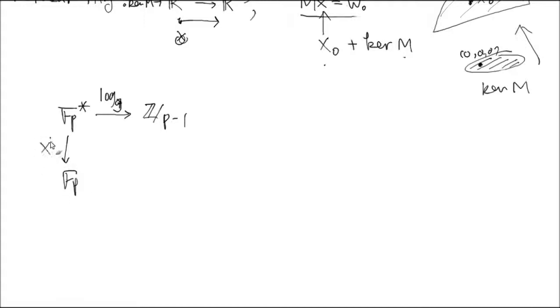An x to the n kind of map. What about this map here? N times y. It may be a different variable y, but it's correct. N times y. And this one is Z mod p minus 1. And what is this horizontal map down there? It's log g again. Okay, this is a familiar one.